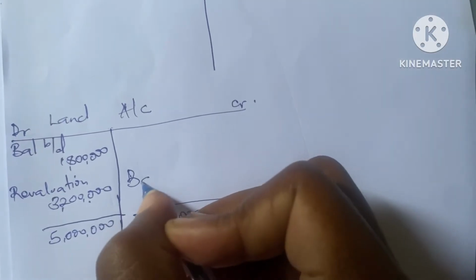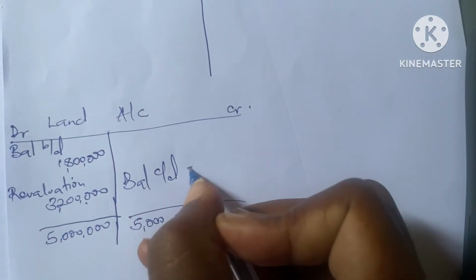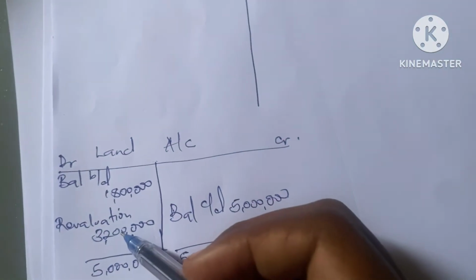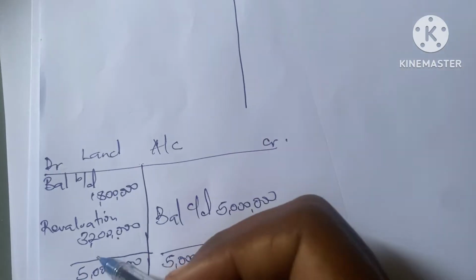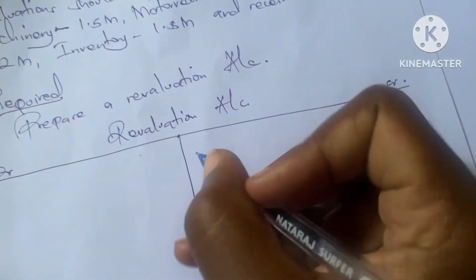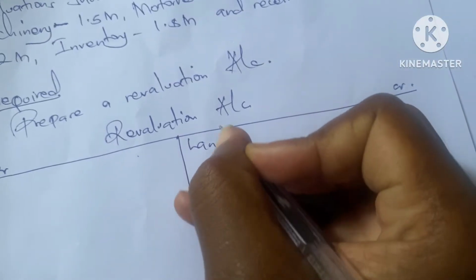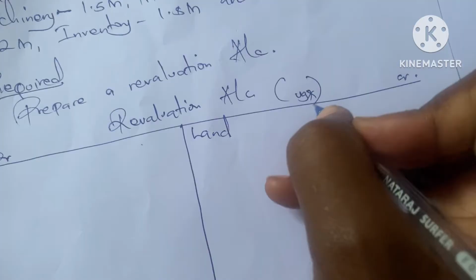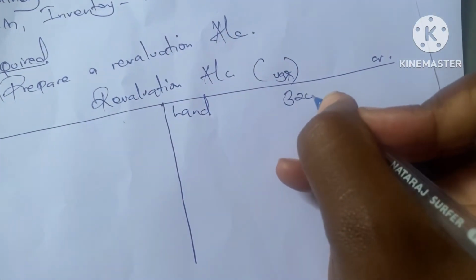Then the balance carried down will be 5M. So since in the land account you put the revaluation on the debit, in the revaluation account you put it on the credit. So you come in the revaluation account and write land. And land, it is 3.2.